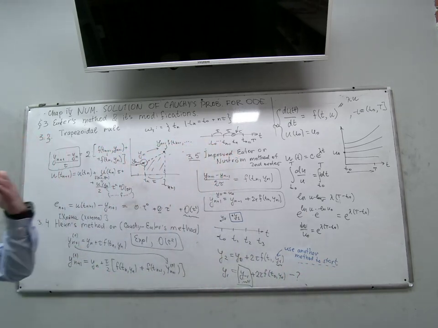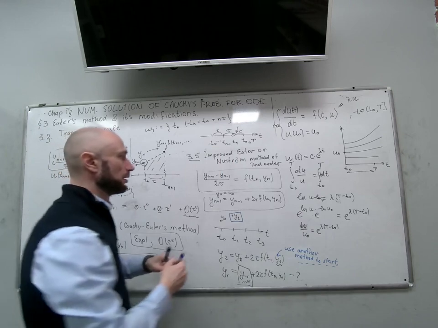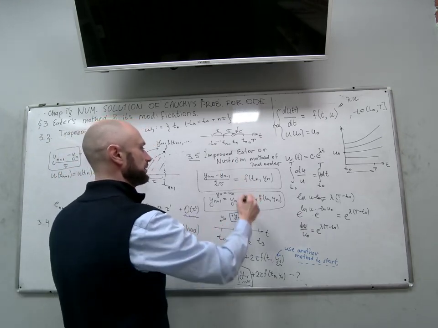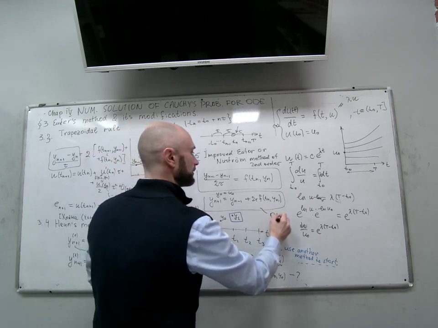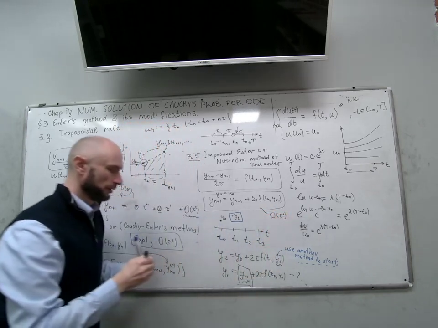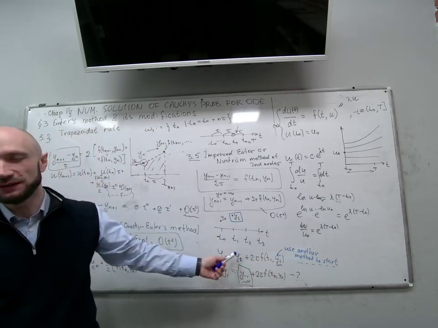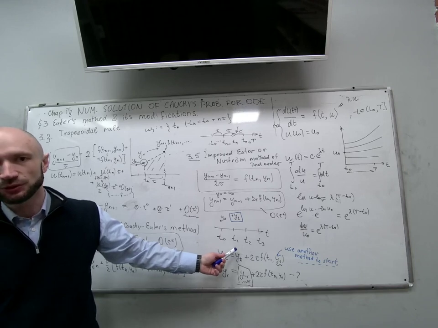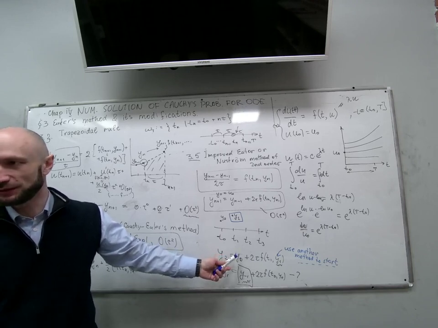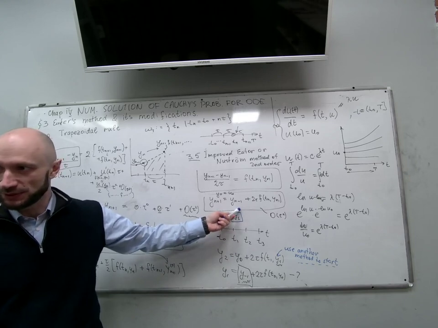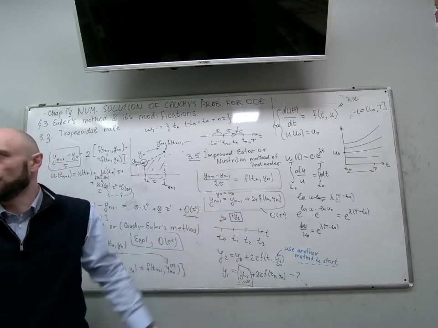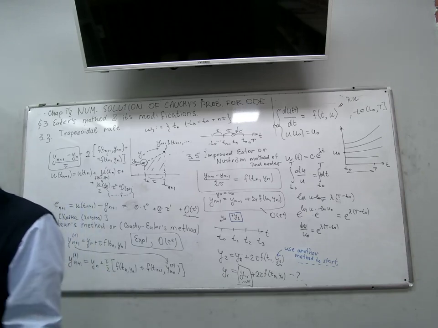The only thing to watch out for is that this method is of the second order. So the method that you are using to calculate the starting values must not be worse than the multi-step method that you're using here. Otherwise, you would spoil the accuracy at the very beginning.